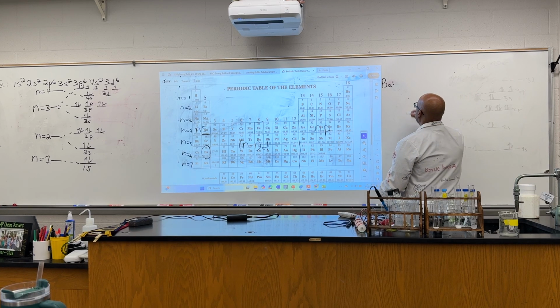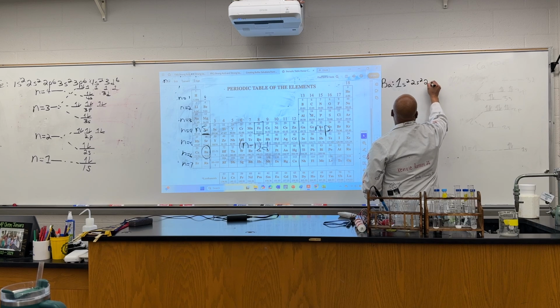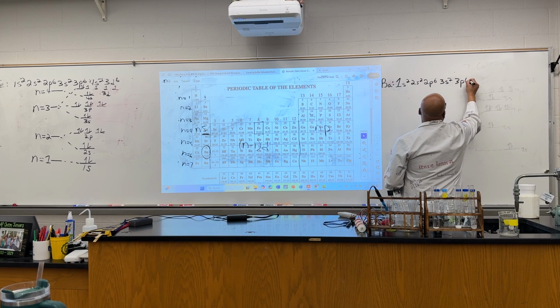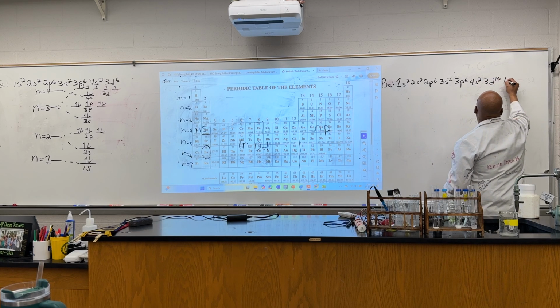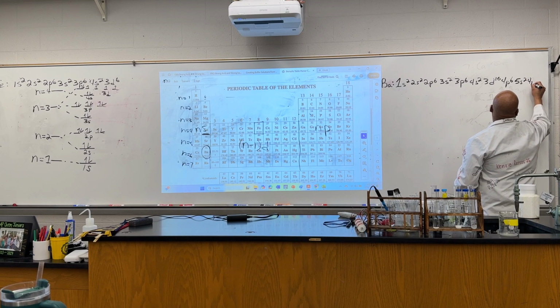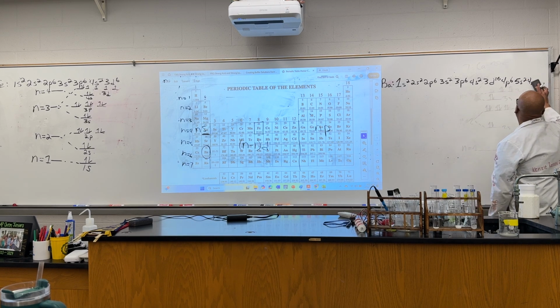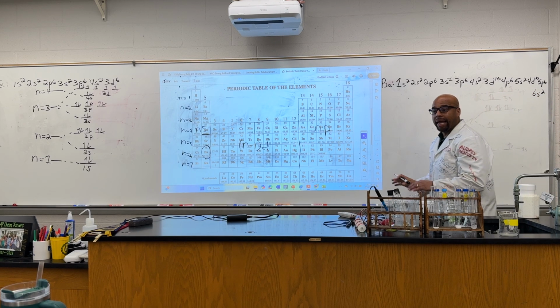What do you got for me? 1s2, 2s2, 2p6, 3s2, 3p6, 4s2, 3d10, 4p6, 5s2, 4d10, 5p6, 6s2. Whoa, slow down. Okay, Logie. 4d10, 5p6, and 6s2. Very nicely done. Any questions here?